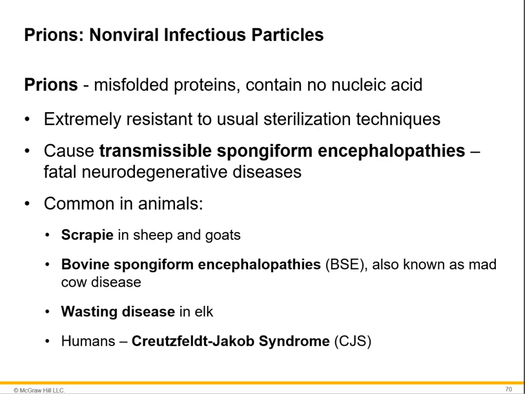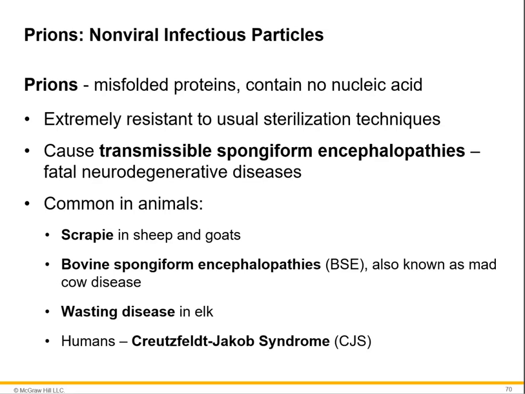Okay, next we're going to talk just a little bit about prions. Prions are infectious particles. Basically what they are is just a misfolded protein. There's no nucleic acid. There's really no structure to it, just a little protein that's been misfolded. These tiny proteins are resistant to usual sterilization techniques, so they are very hard to get rid of.